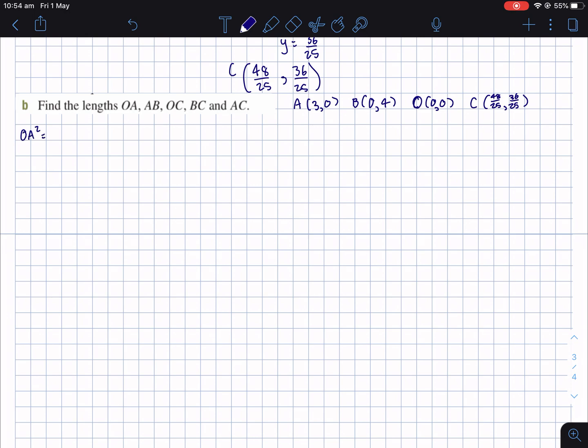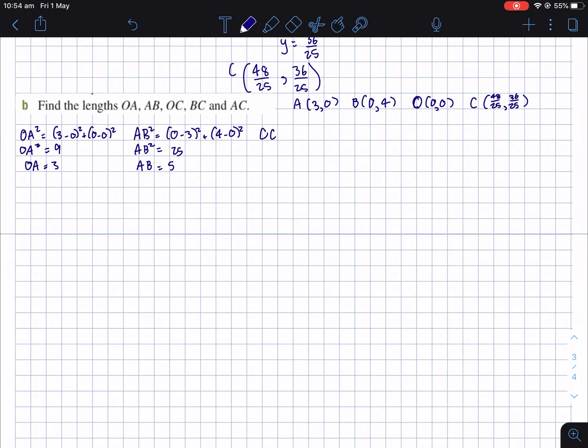OA squared, we're going to use the distance formula. 3 take 0 squared plus 0 take 0 squared. So OA squared is 9, so OA is 3. AB squared is going to be 0 take 3 squared plus 4 take 0 squared. So that's 9 and 16, so that's 25. So AB is 5.